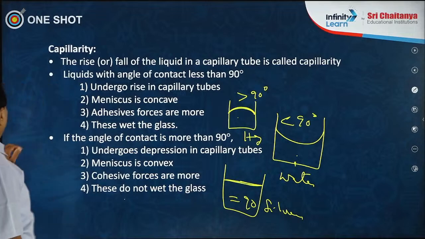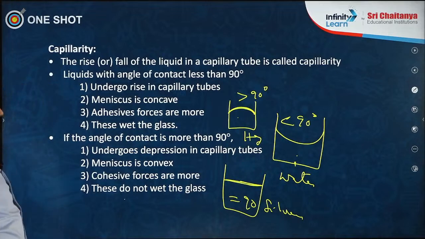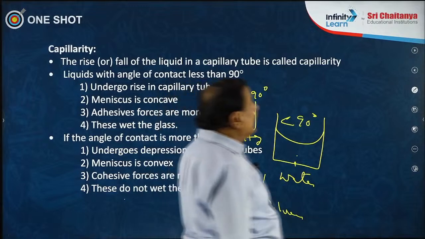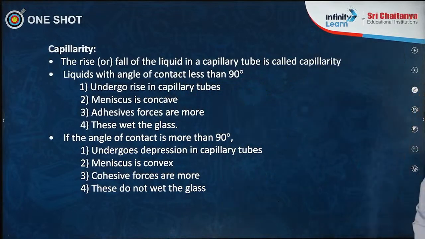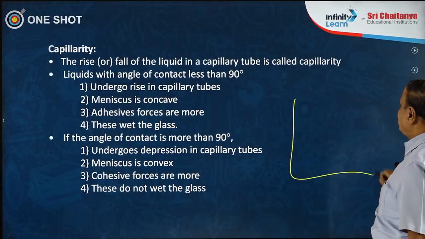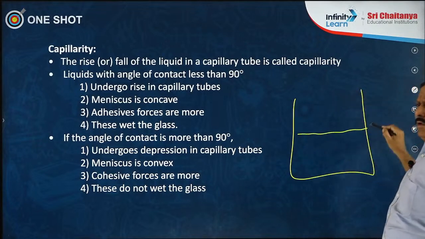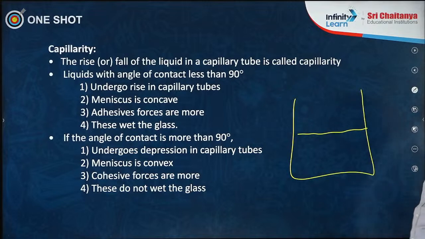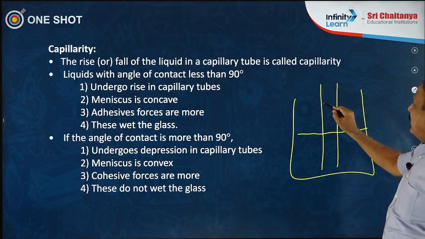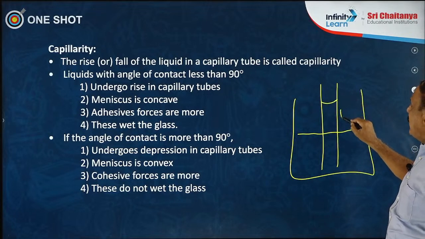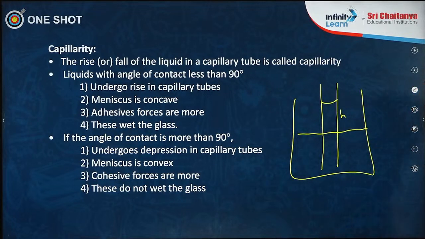Similar to this, there is another term called capillarity. For example, if you take a beaker with water, and a capillary tube is dipped in this, then a liquid like water will rise into the capillary tube to a certain height.